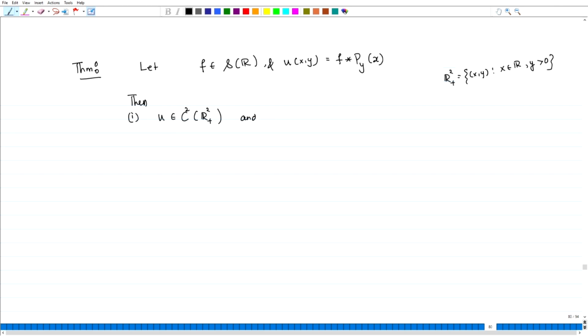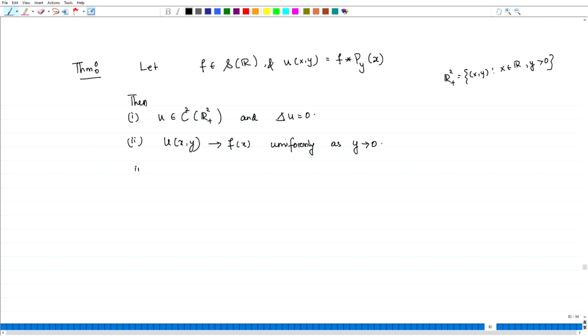And this satisfies, we have verified that this satisfies this equation. Now, about the boundary: because f is a continuous function, u of x y converges to f of x uniformly as y goes to 0.